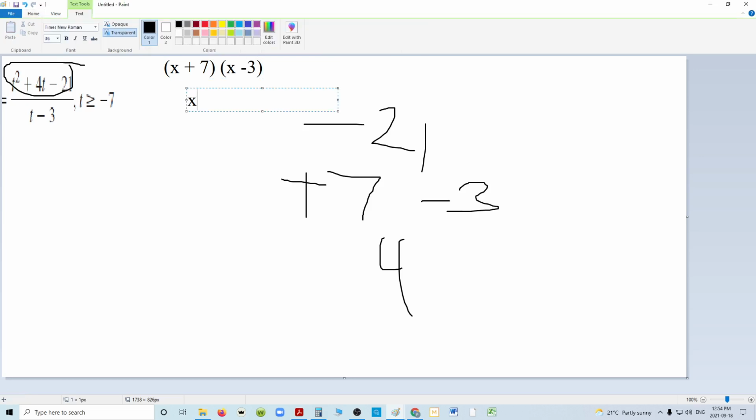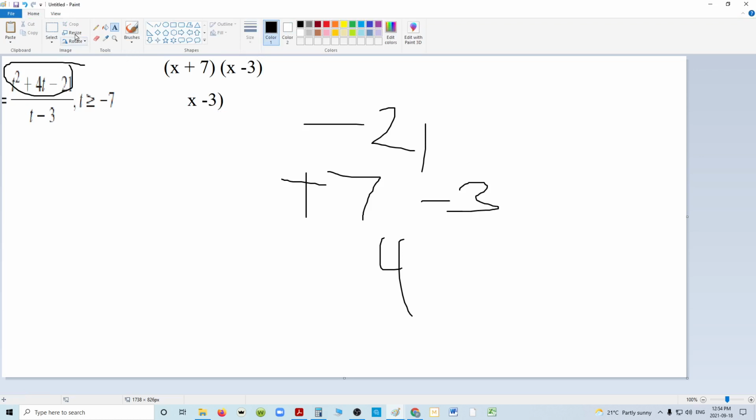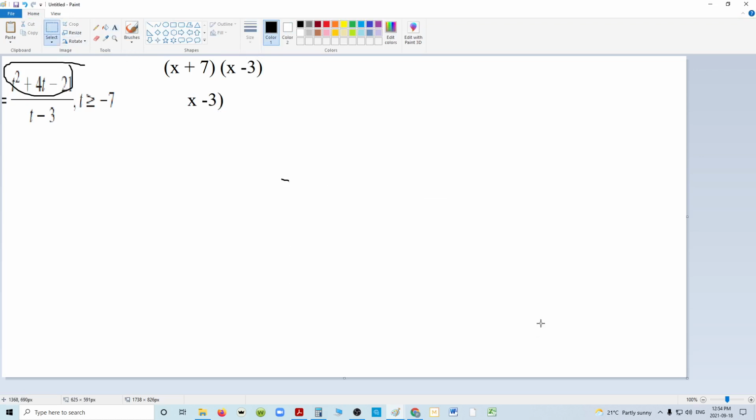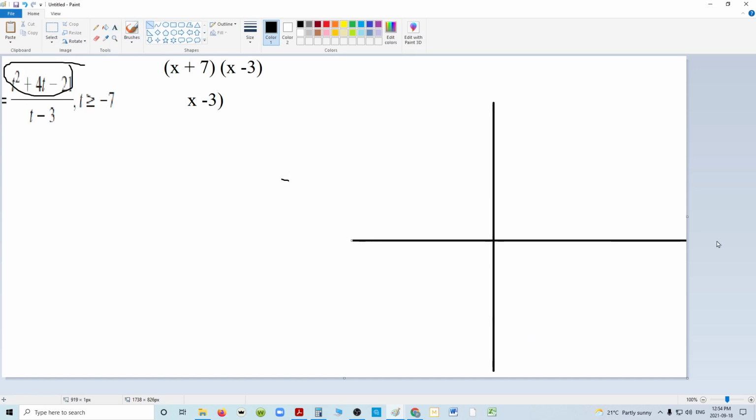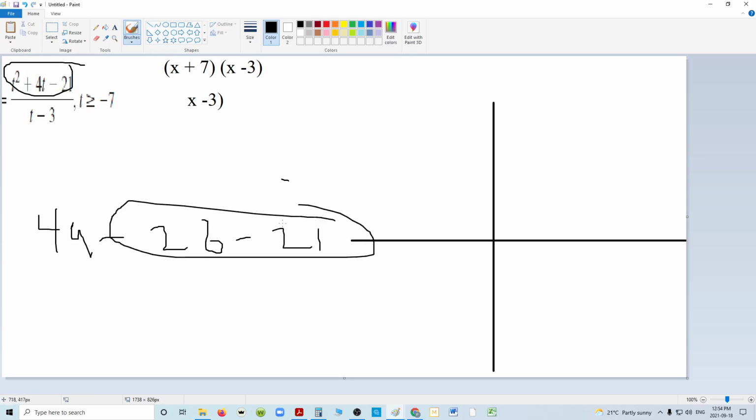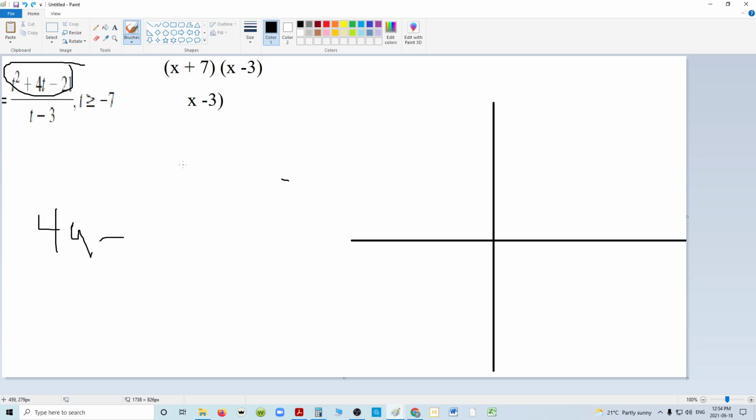I know it's x minus 3, and we're only dealing with numbers that are above or equal -7, so we've put a restriction on the domain, which means on your graph, you should find the -7 number. So when it's -7 squared, it's 49, minus 28, minus 21, so it's -49, so it's 0.